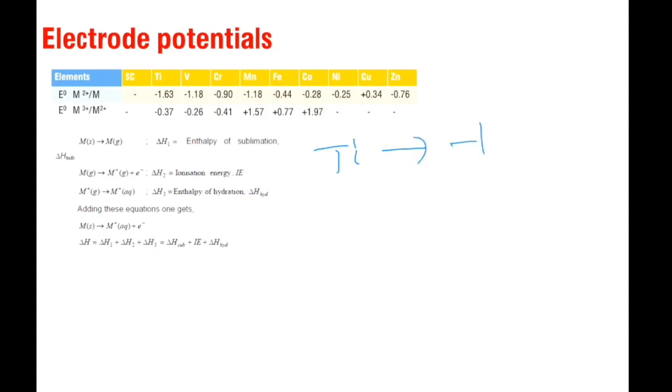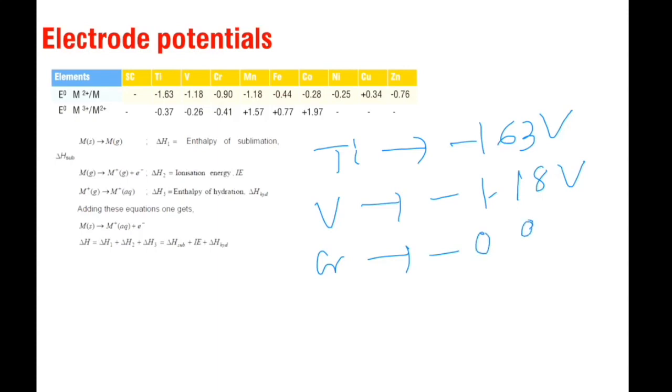Titanium minus 1.63 volt, vanadium minus 1.18 volt, chromium minus 0.9 volt, manganese minus 1.18 volt, iron minus 0.44 volt, cobalt minus 0.28 volt, nickel minus 0.25 volt, copper 0.34 volt, and zinc minus 0.76 volt.